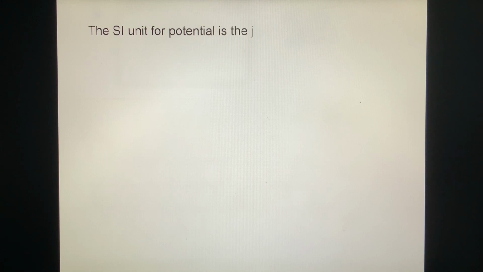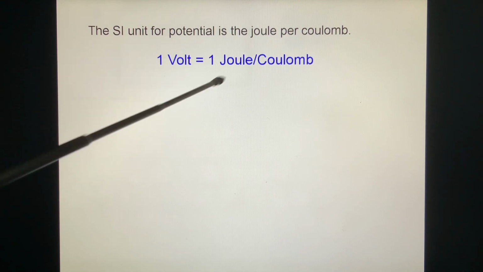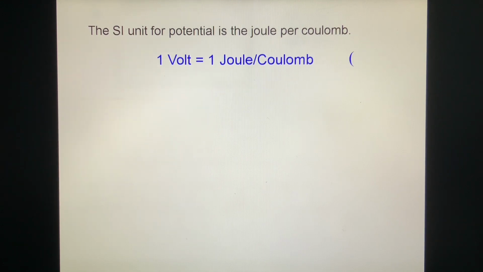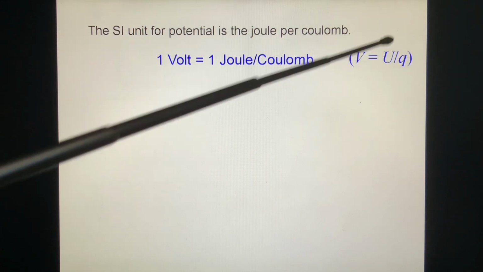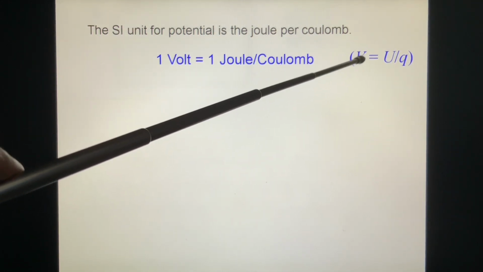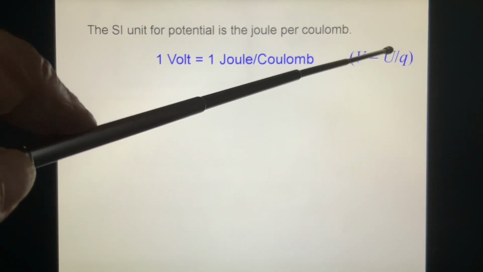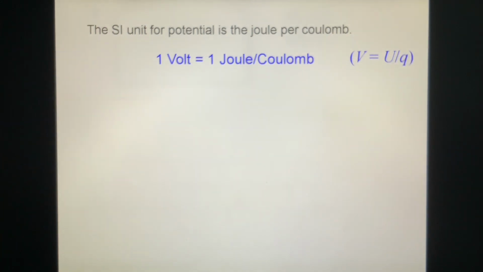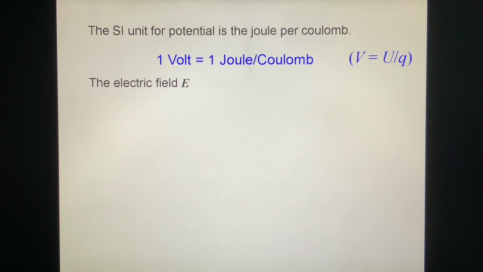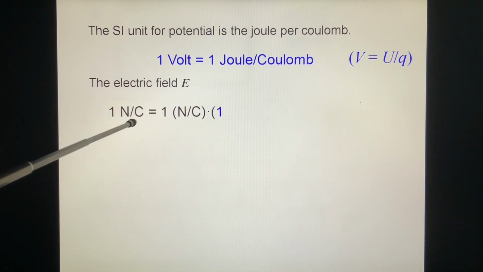The metric system unit for potential is the joule per coulomb. 1 volt is 1 joule per coulomb. This is a volt; this is energy in joules, this is the charge in coulombs. The electric field E is 1 Newton over coulomb.